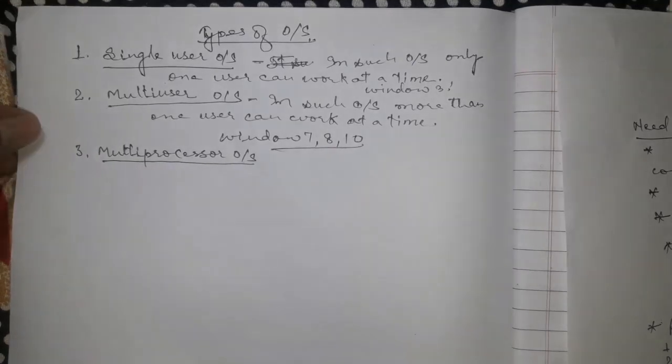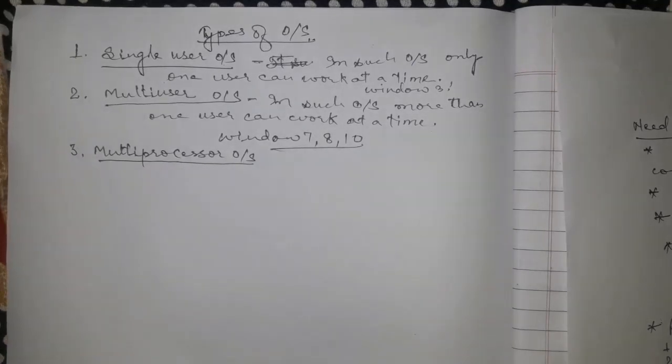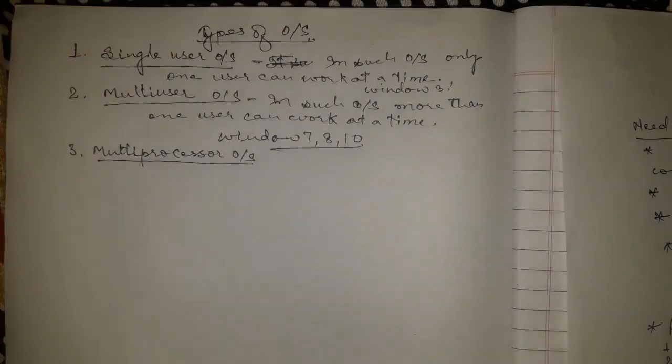As the name suggests, it doesn't have to do anything with the user, but it has to do with the processor. That is to say, a multiprocessor operating system processes more than one process at a time.